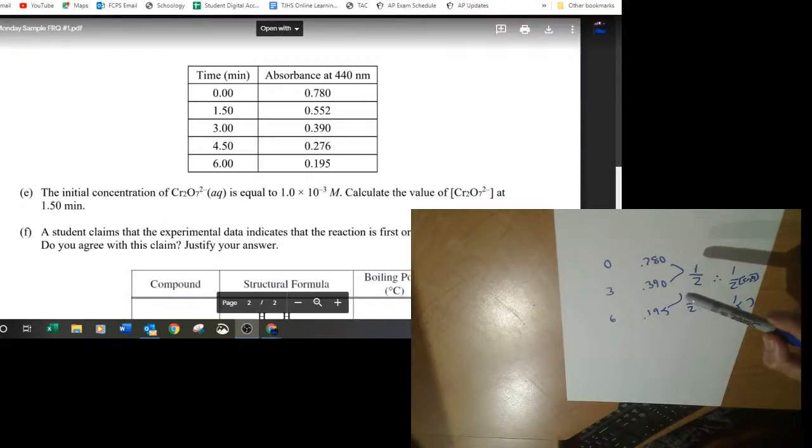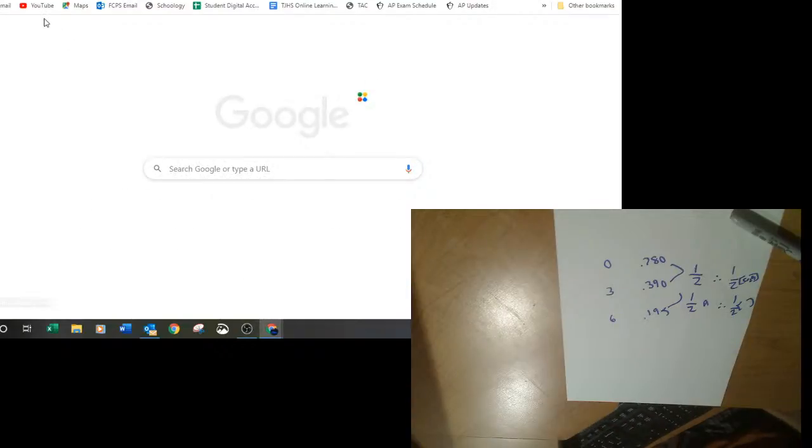which gives me a first order reaction, because I'm trying to think where it was we looked at those different half-life equations. I don't think they're on your reference sheet. Hold on. Give me a moment.